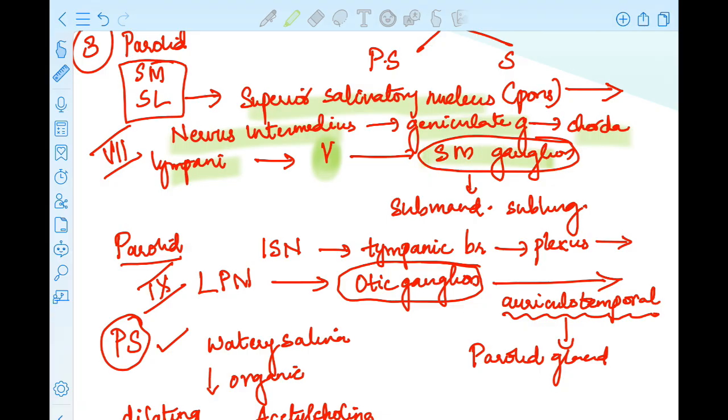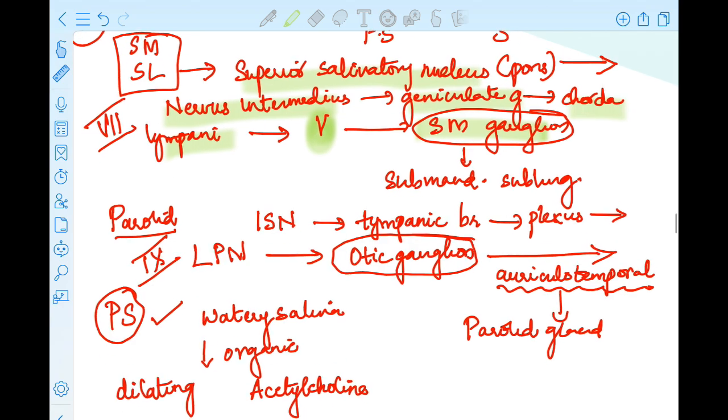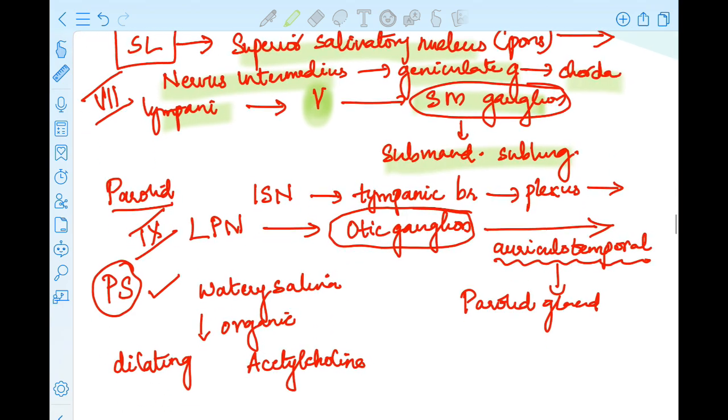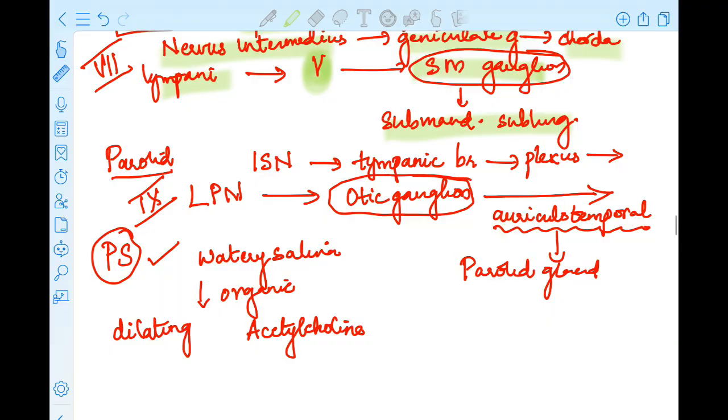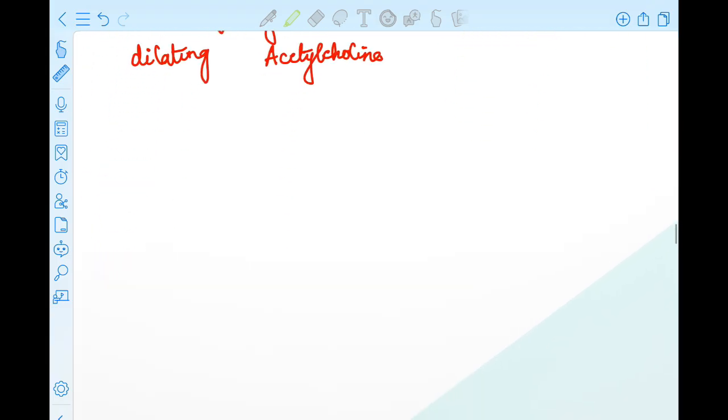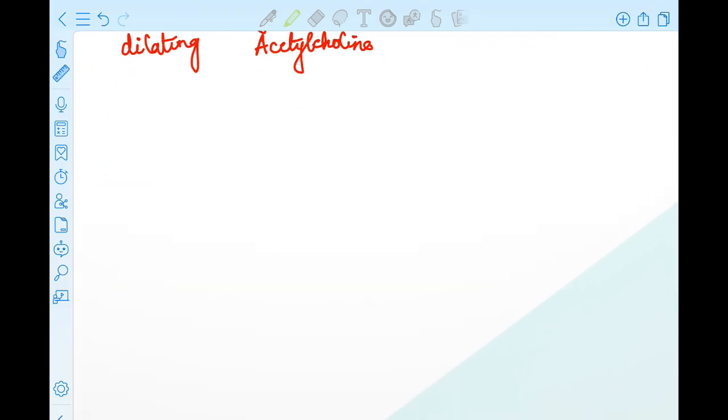From there the postganglionic fibers directly supply the submandibular and sublingual salivary glands. But for the parotid, it was via the auriculotemporal nerve that the entire impulses travel to the parotid gland. And we saw the effects also.